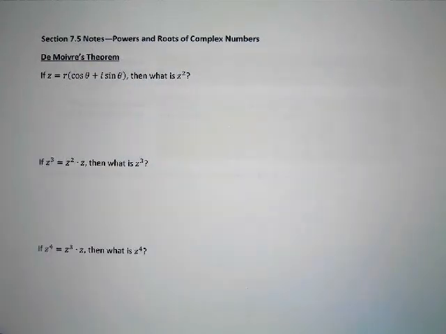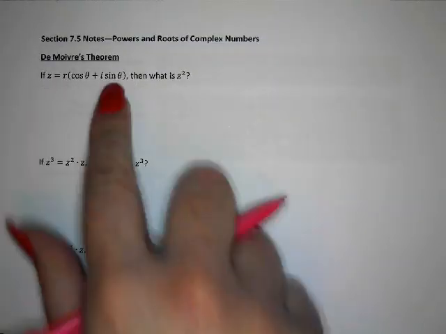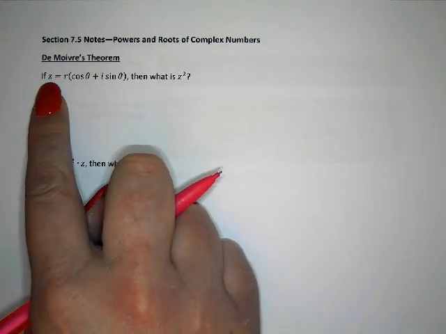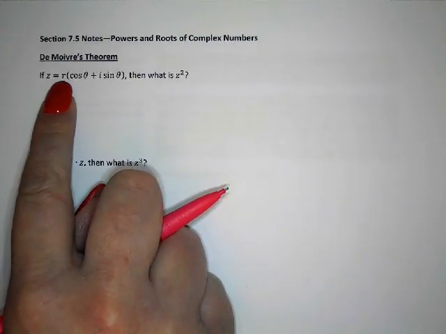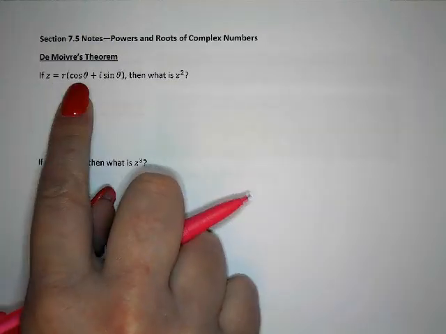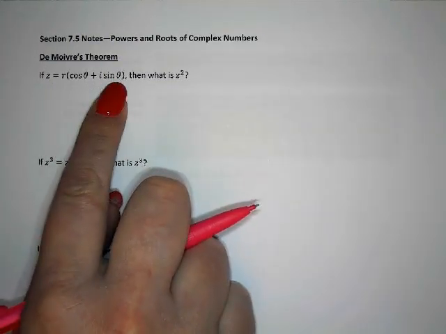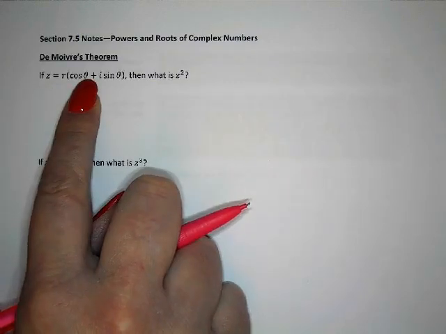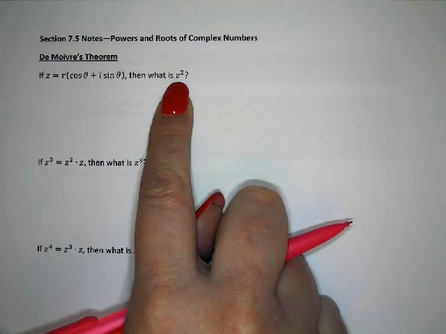So the theorem is what we're going to cover first, and I'm just going to lead you into it so it will make sense. If we have z as our complex number, and it is r times cos theta plus i sine theta, and remember r is the modulus and theta is the argument, then if we wanted to know z squared, z times z, we would just have the modulus times the modulus.